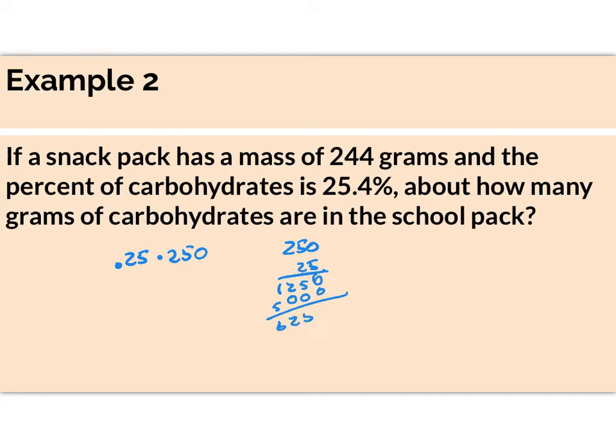So 625. We had one, two decimal places, one, two, so 62.5. So it looks like about 62.5. And we could round this up to a whole number, which would give us 63 grams. So the closest answer is about 63 grams of the snack pack is carbohydrates.